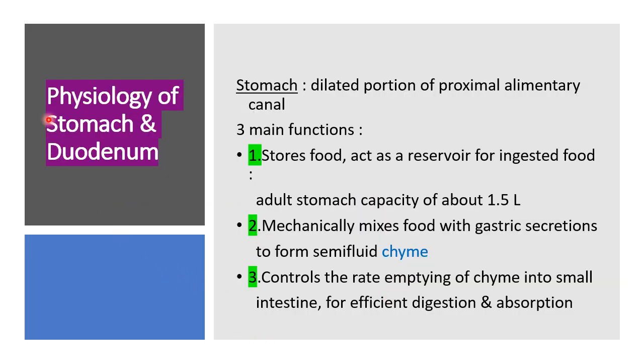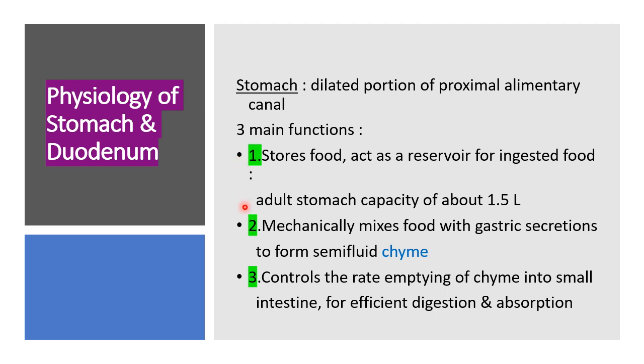Next we come to the physiology of the stomach and duodenum. This is another important topic, involved in the production of hydrochloric acid and the regulation of hydrochloric acid. The stomach, as you all know, is the most dilated portion of the alimentary canal. It has 3 main functions. First, storage of food, acting as a reservoir for ingested food.